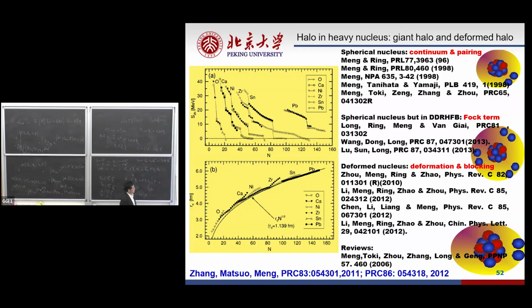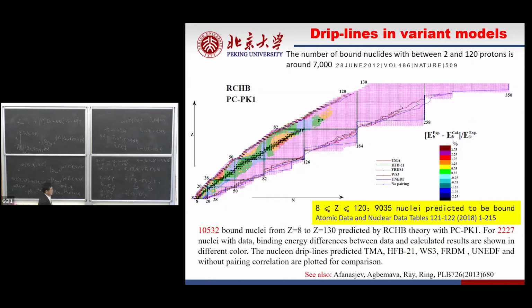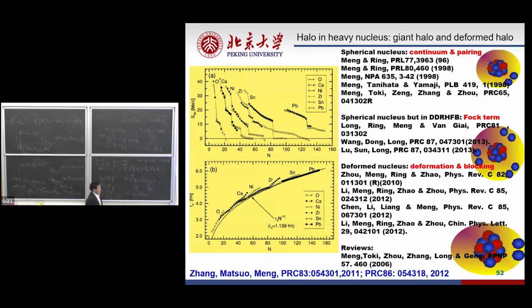For tin it is also pronounced, but in zirconium and calcium it is much more pronounced. So in such a case, it simply told us that there must be something special happening there, right? There must be something special happening there.